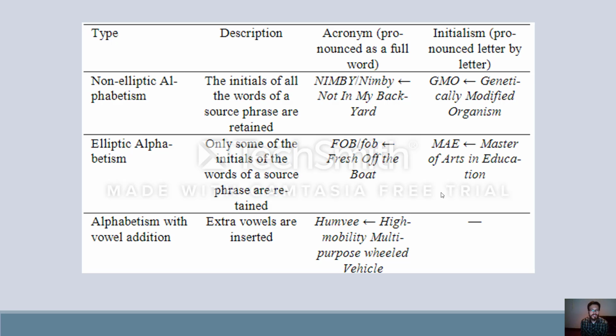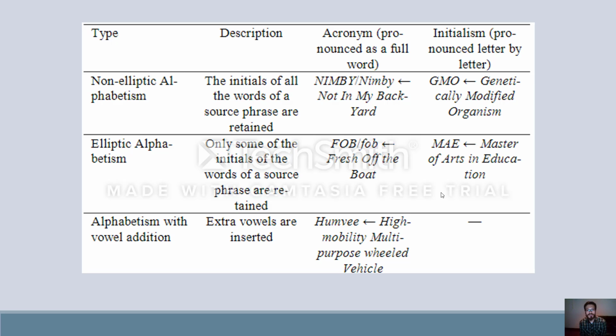In this, only some of the initials of the word or the words of a source phrase are retained. It means that you can use the content words to make the acronym or to make the initialism. In alphabetism with vowel addition, you can add some vowels to the word.